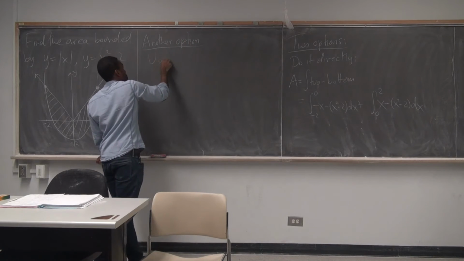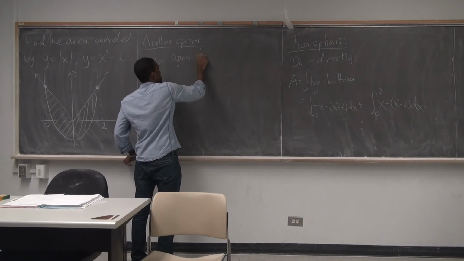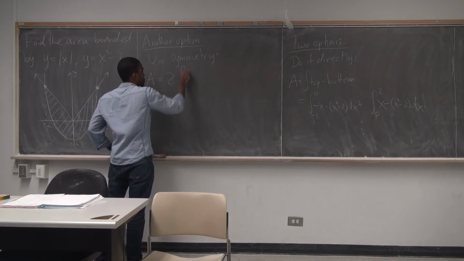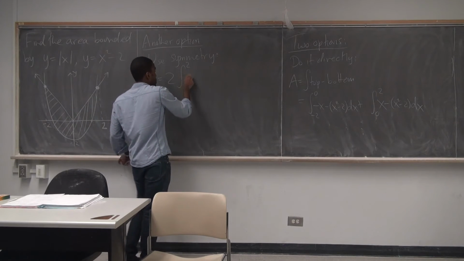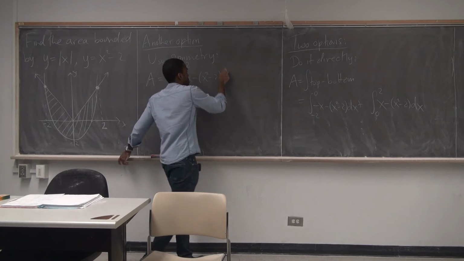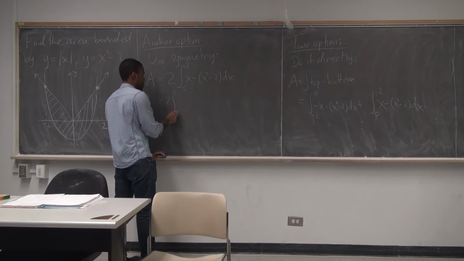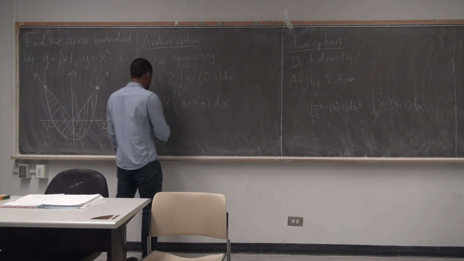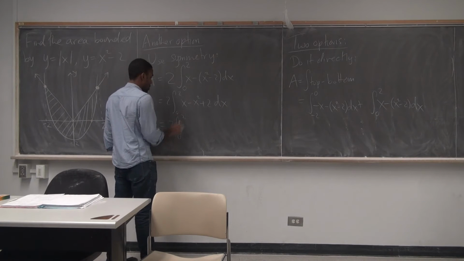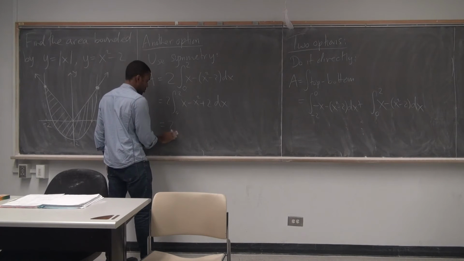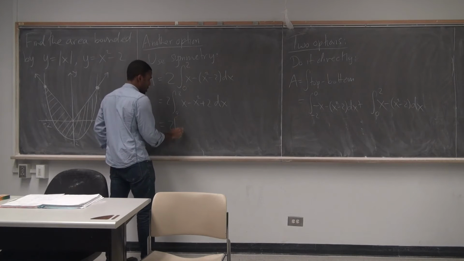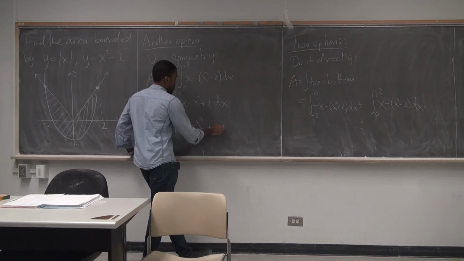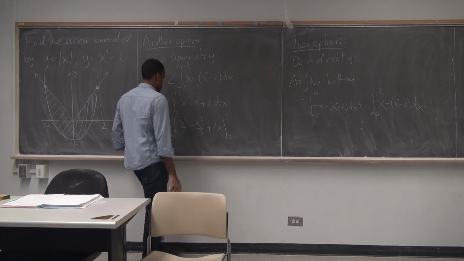Another option is to use symmetry. So you realize that the area is actually double the integral from 0 to 2 of the right side. So it's x minus (x squared minus 2). The antiderivative of that is going to be x squared over 2, minus x cubed over 3, plus 2x.